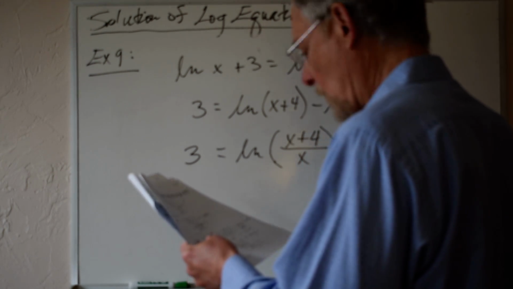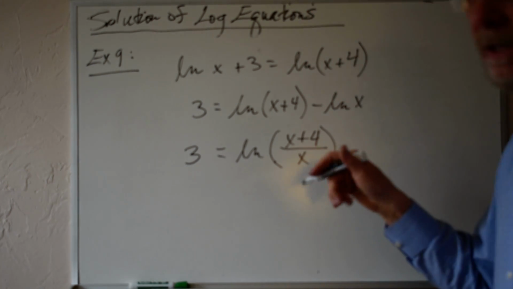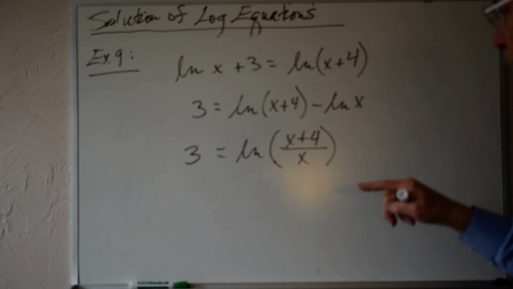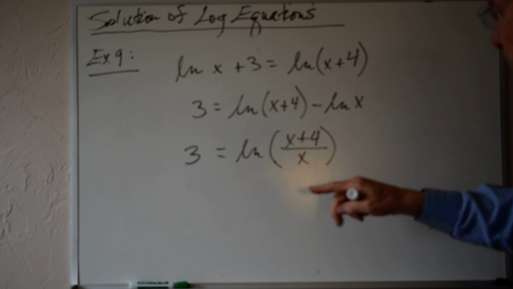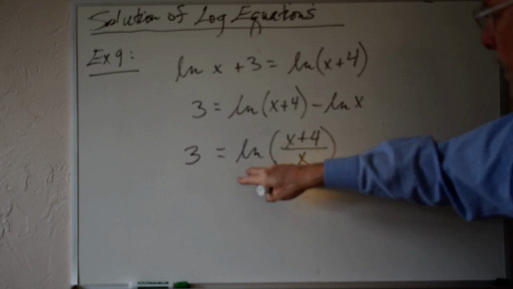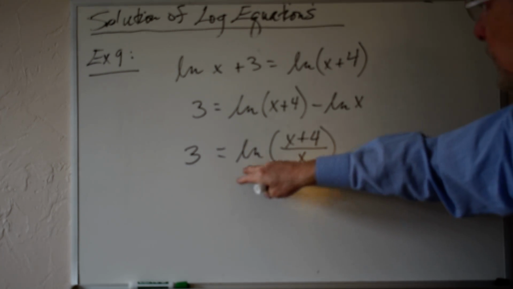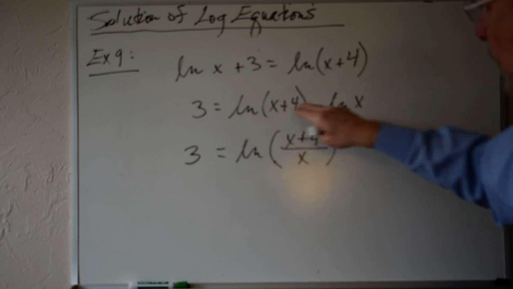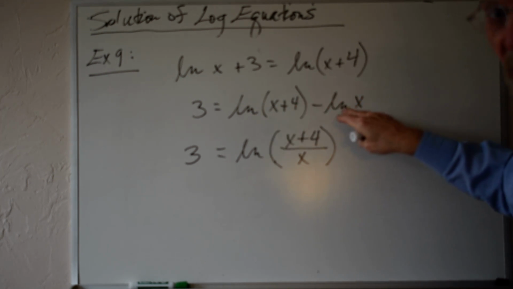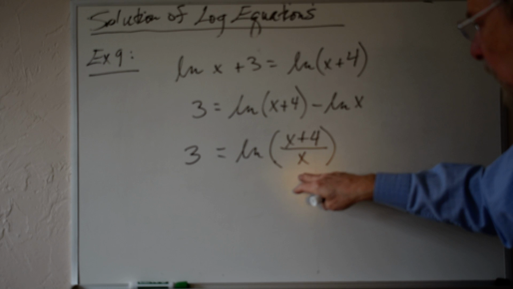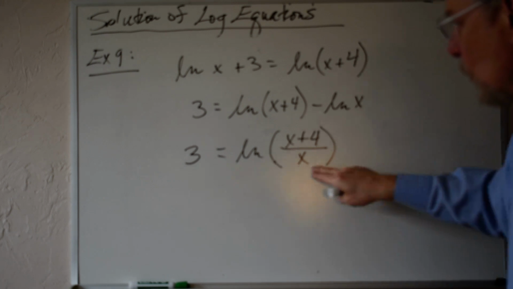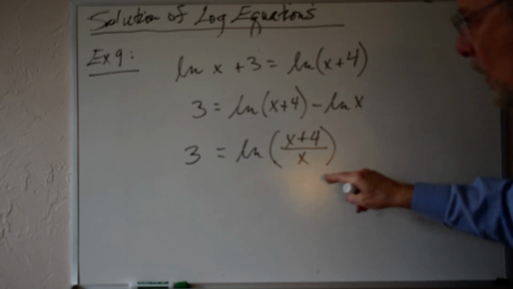Now, we can convert to an exponential equation. We've got things straightened out to where we've just got one log expression. So that was our strategy: get the logs together, use the laws of logarithms to convert this to just an expression of a single log.